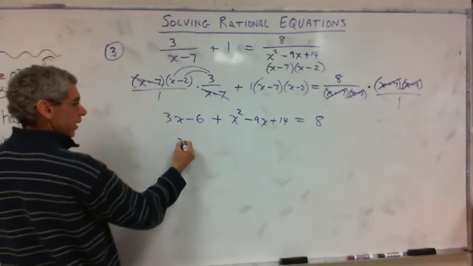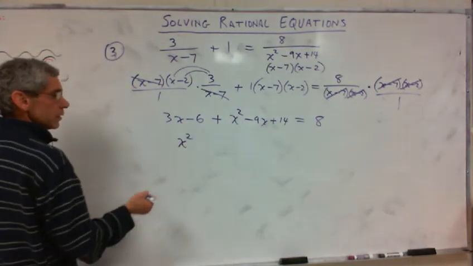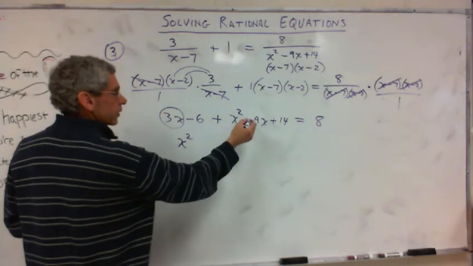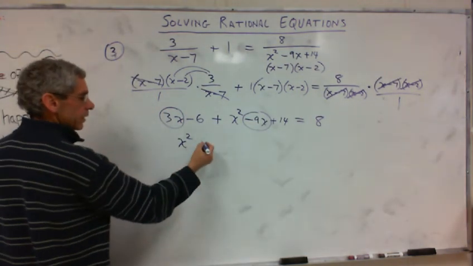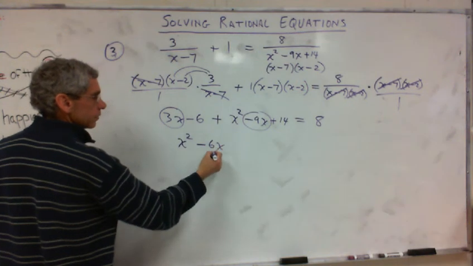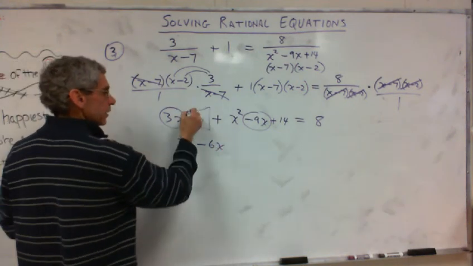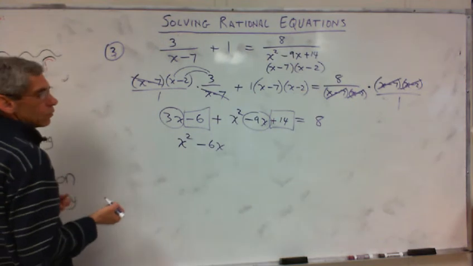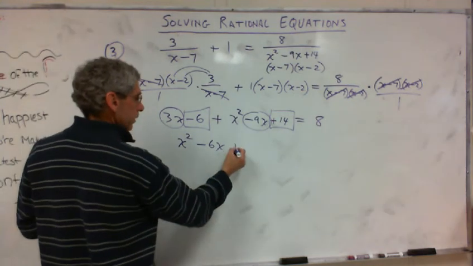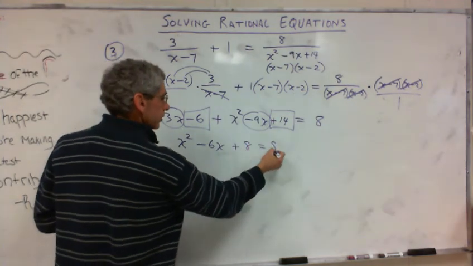I'm going to put that first. Now there is positive 3x minus 9x, so if I combine that, that would be minus 6x. And then I see that there's a negative 6 and a positive 14. So what's that? 8 plus 8 equals 8.